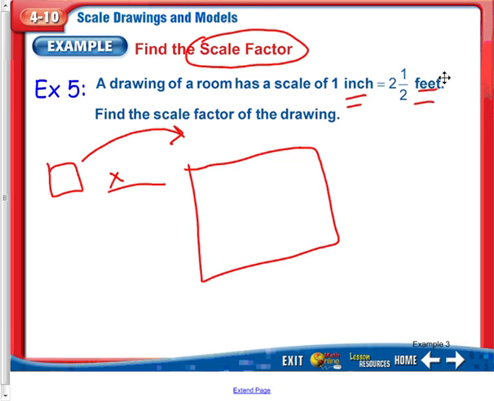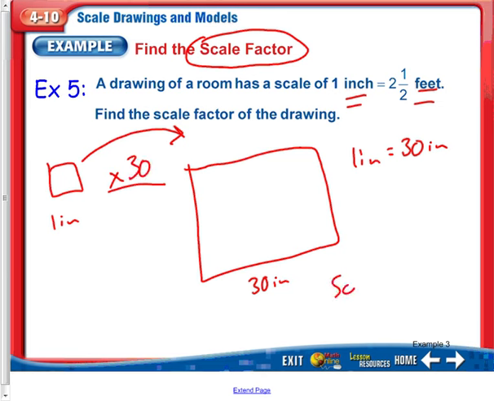So I got to get these actually into inches. So 1 inch actually equals, well, 2 feet is 24 inches plus 6 more inches. So we have 30 inches. So over here it'd be 1 inch, and over here it'd be 30 inches. So to get from 1 to 30, we're multiplying by 30.